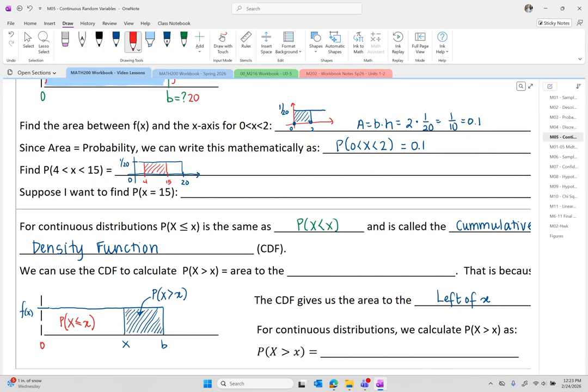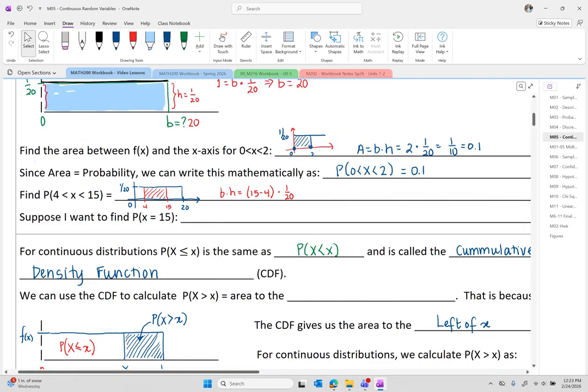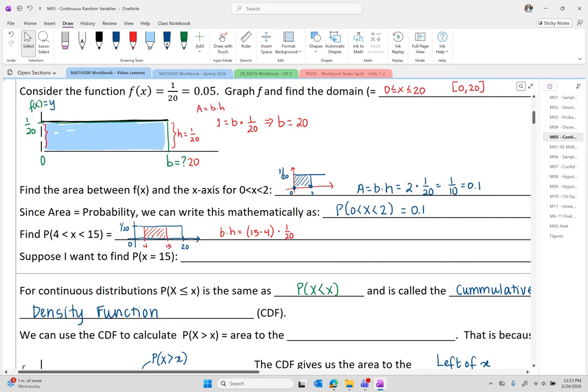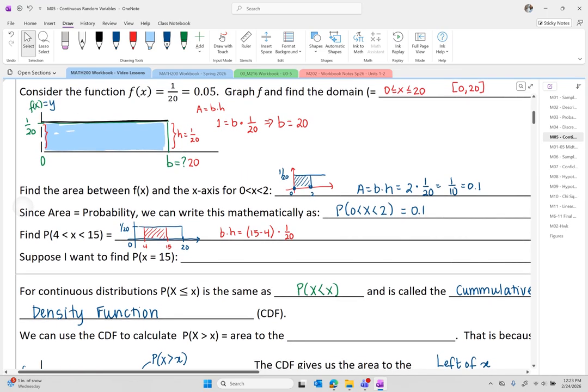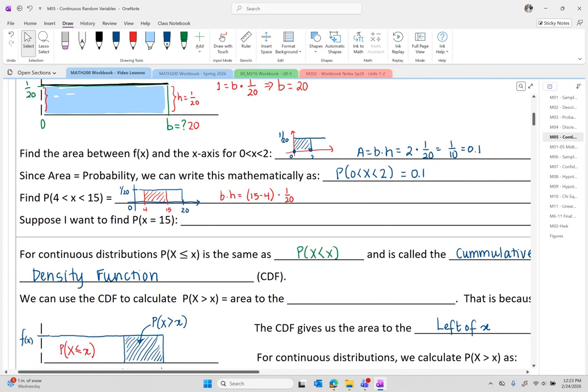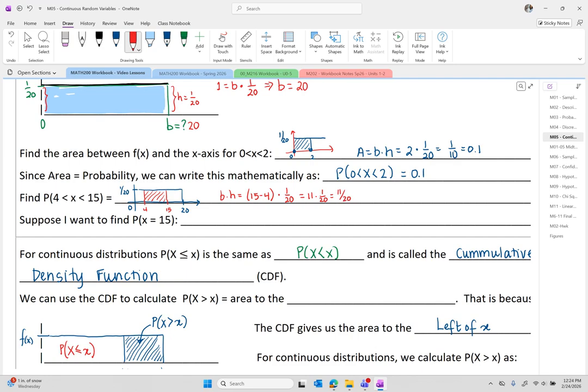So this probability will equal base times height, because this is still a rectangle. The base is 15 minus 4, 11 units, and the height is 1 over 20, which is always f of x, since the function we are working with is f of x equals 1 over 20. So that is 11 times 1 over 20, which is 11/20ths, or 0.55.